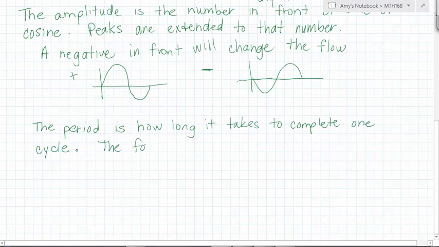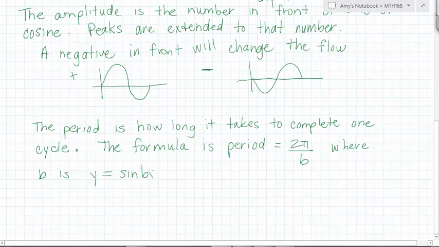Of course, you have a formula, and the formula for your period is 2 pi over b, where b is in y equals sine bx or y equals cosine bx.